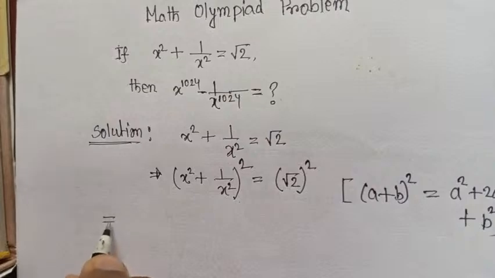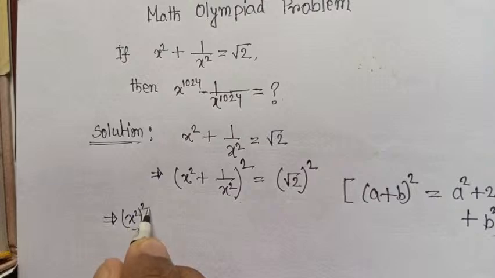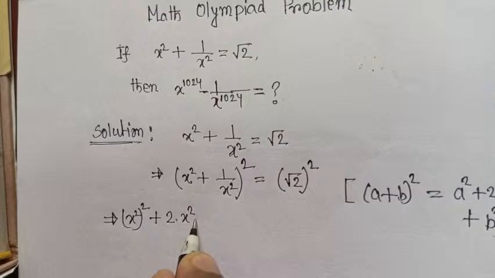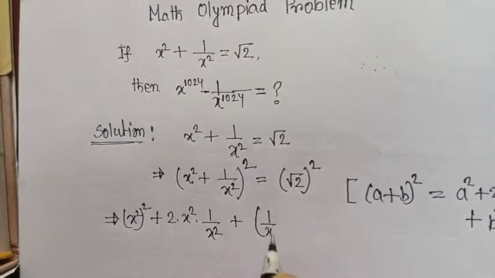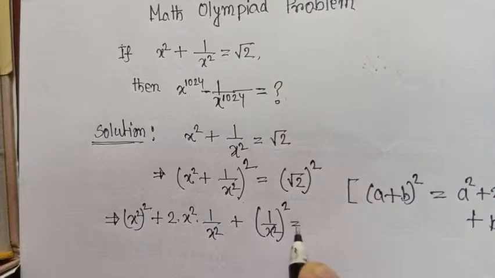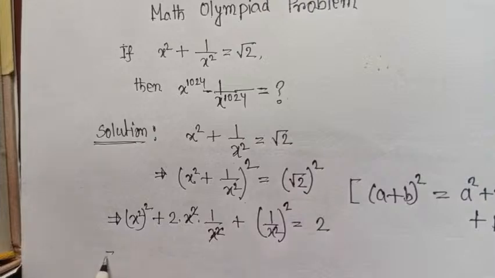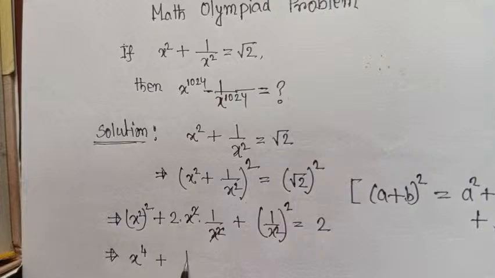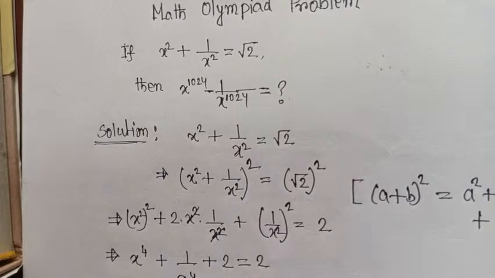Now if we expand this, like x square to the power square plus 2 x square into 1 by x square plus 1 by x square to the power square equals 2. Now this x square and x square cancel out, and the equation will be x to the power 4 plus 1 by x to the power 4 plus 2 equals 2.